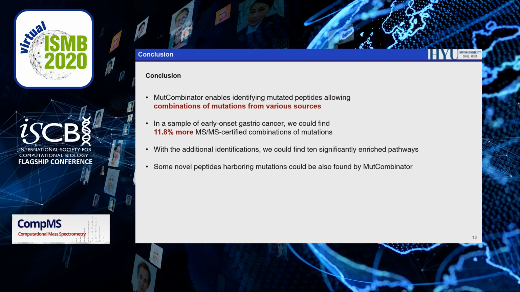With these additional identifications, we showed that 10 KEGG pathways were more enriched than the previous result. It implies that Mute Combinator could suggest elaborate understanding of mutation expression at peptide level. We also showed that Mute Combinator can be applied to find novel peptides harboring mutations.